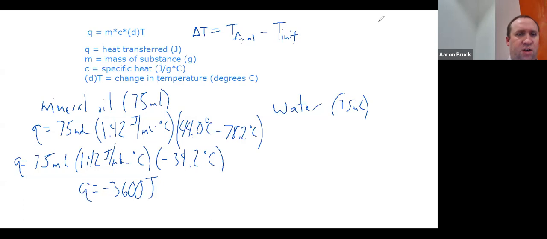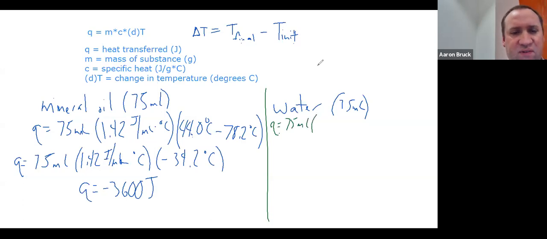Now, let's contrast that with our water. Water, Q is equal to 75 milliliters times its specific heat, 4.184 joules per milliliter degrees Celsius, times its change in temperature.